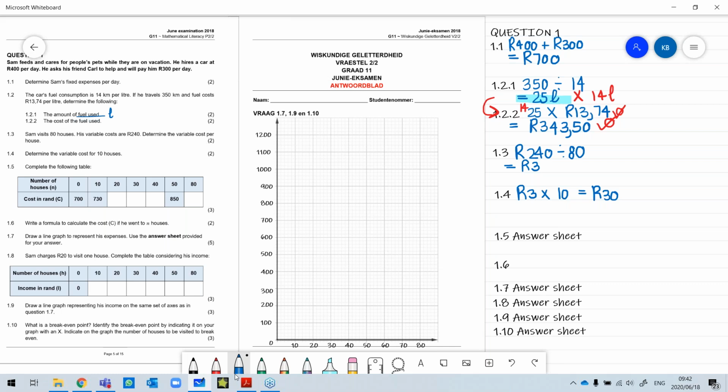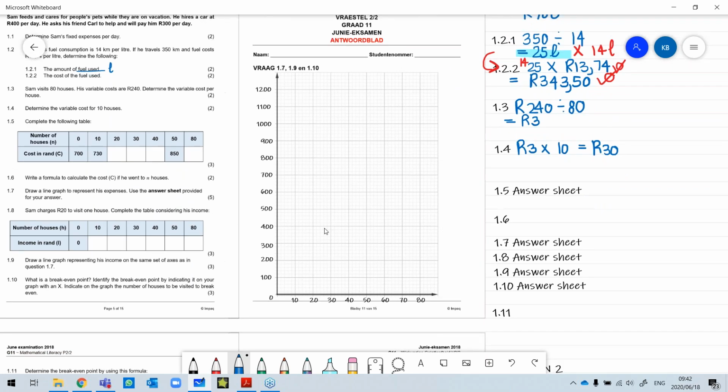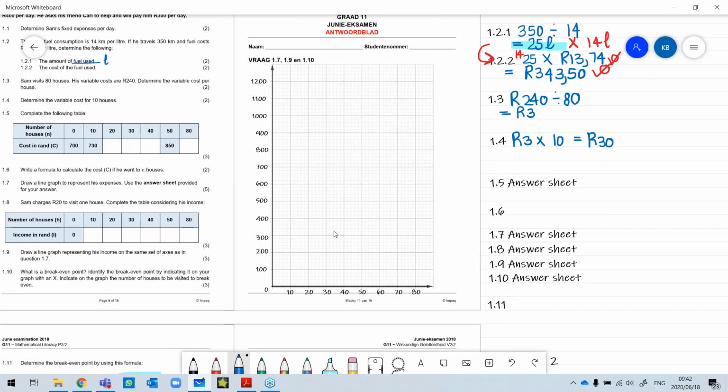Question 1.5. Complete the following table. Now let's quickly have a look. I'm going to just drag the screen up a little bit. So you will see that this table compares the number of houses with the cost in Rand. Now C is going to be his variable costs or his expenses.